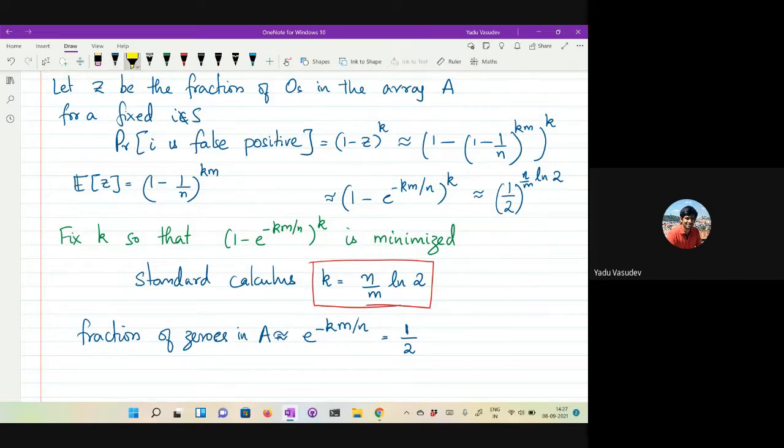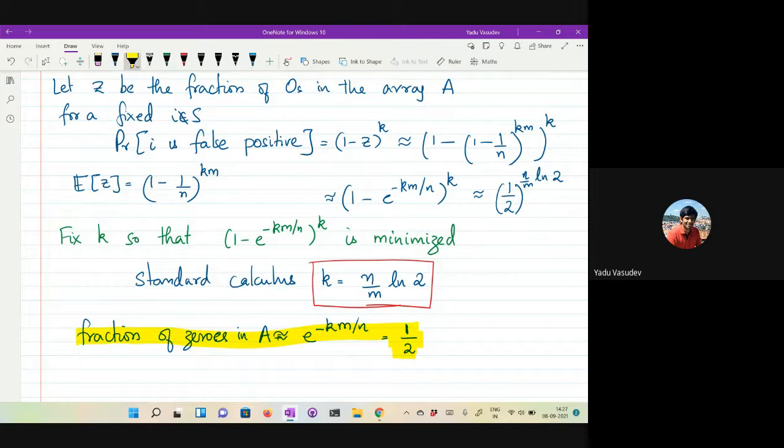And if you notice the fraction of zeros, what does this tell you? This tells you that if you were to take these k random functions as your hash functions, then the vector A basically looks like a random vector, because the fraction of zeros is half, which is saying that each bit is set to 0 with probability half.